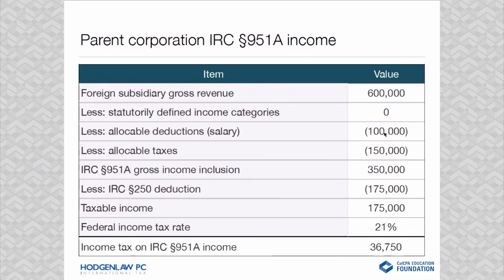Subtract allocable taxes, 150,000 of foreign corporate income tax paid. Gross income inclusion, 350,000. Less the Section 250 deduction, 175,000, yields taxable income, 175,000. Corporate tax rate, 21%, net tax liability, $36,750. Yay.